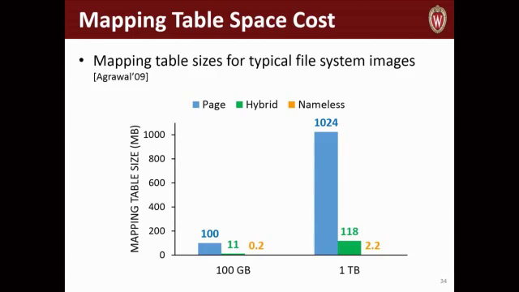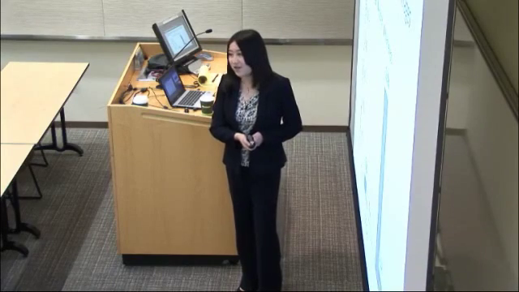So this is the mapping table space result that we have. We used Impressions to generate typical file system images. And here I show 100 GB and 1 terabyte file system images, and the mapping table size in MB. So we can see that the page level FTL uses a lot of mapping table space, and hybrid has moderate mapping table size, and Nameless has very trivial mapping table size.